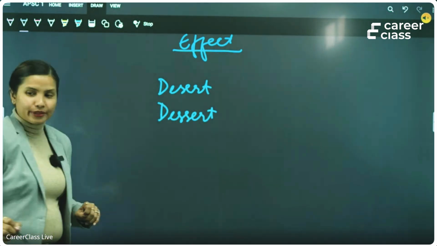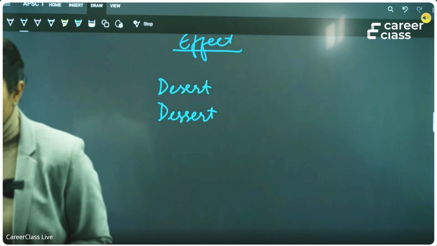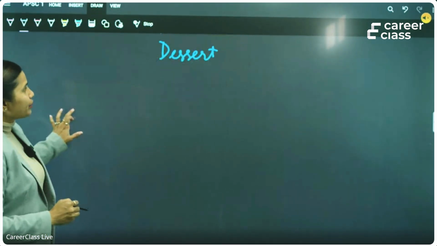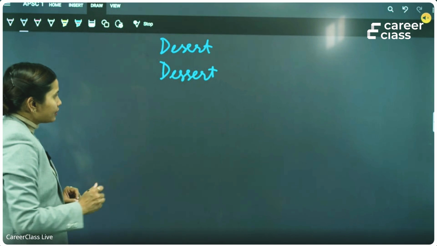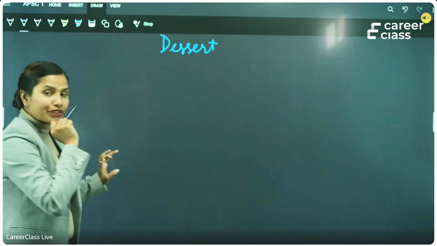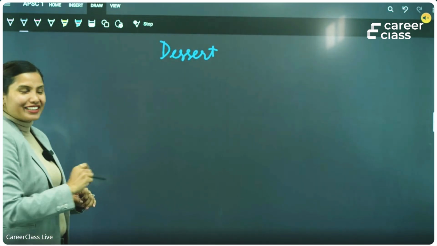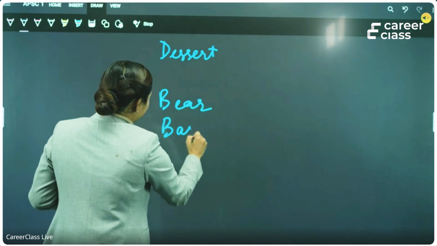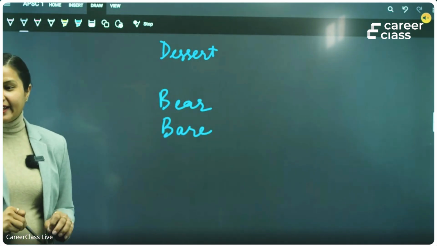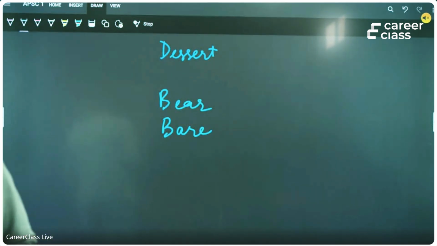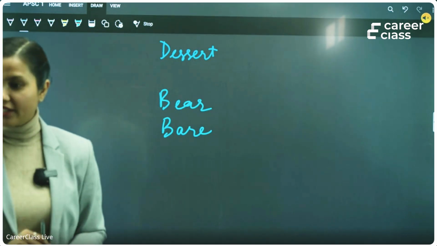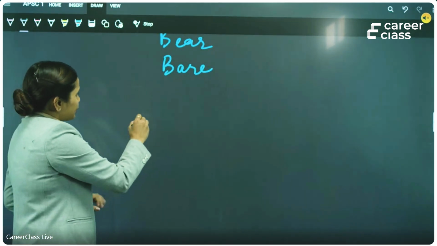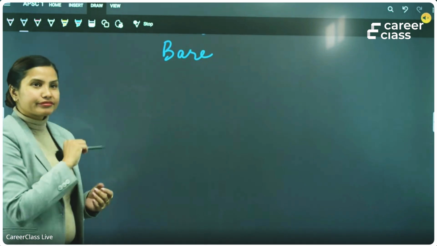Okay. Who else is there? Beauty Hazarika will give me the difference between what? What else did we do? Bear and bear. Okay. And who else is there? Ashlesha Horma, you will give me a difference between what else?